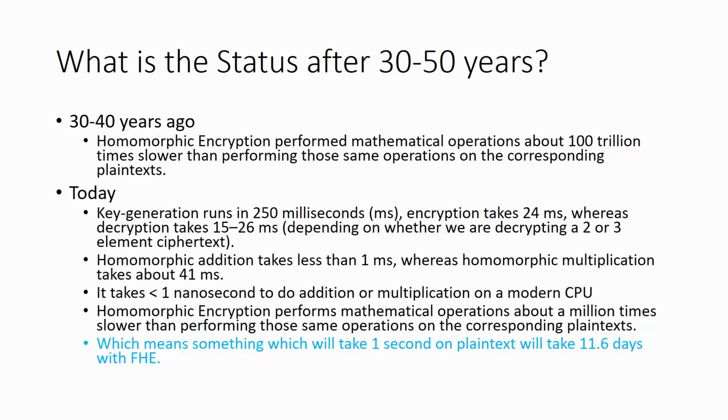Which means if you have to design a system to do some processing, search a database or transform some data, a query which takes 1 second on unencrypted data will take 11.6 days with fully homomorphic encryption. That is the problem. It is a million times slower than what we need.